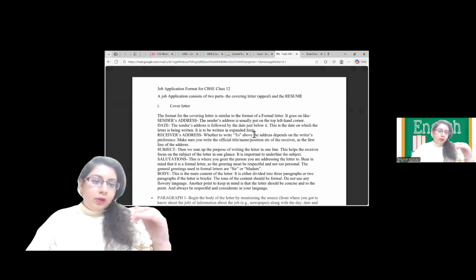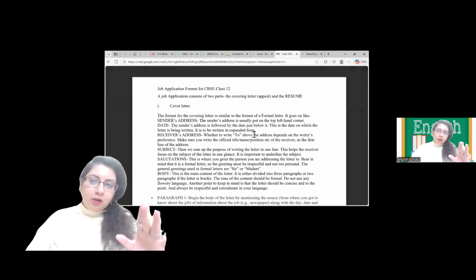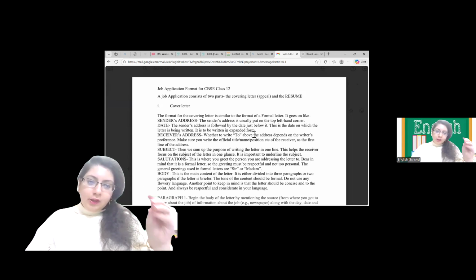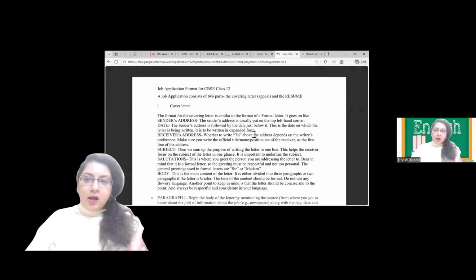Talking about the subject, we sum up the purpose of writing the letter in one line. This helps the receiver focus on the subject of the letter at a glance. It is important to underline the subject, so make sure you underline the word subject as well. You have to sum up the purpose, the objective, the aim of writing the letter in one line.